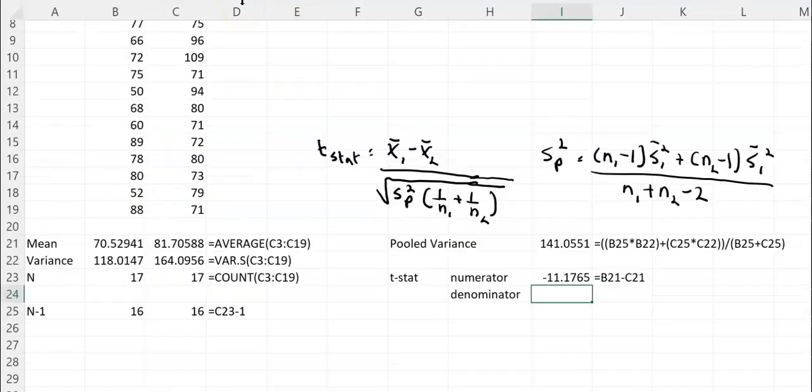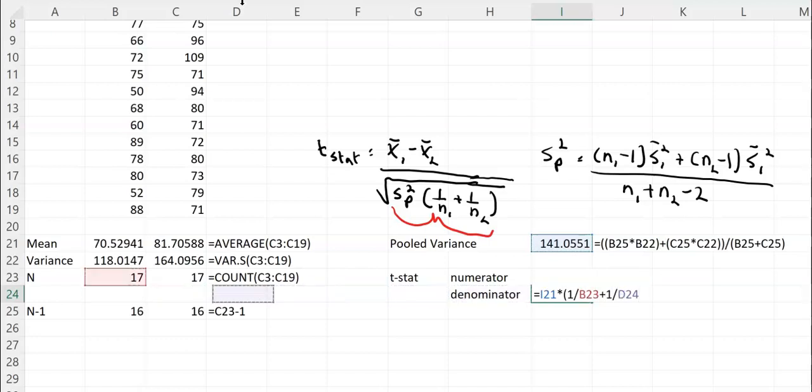Now to find the denominator, first let's do the inside part, and then we can square root that. So I will write equals the pooled variance times 1 over n1 plus 1 over n2.